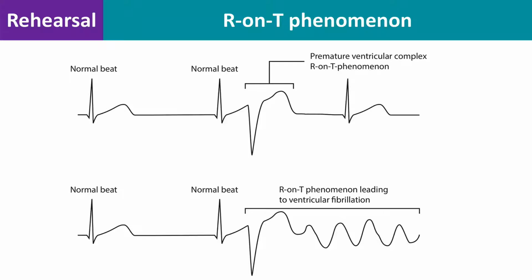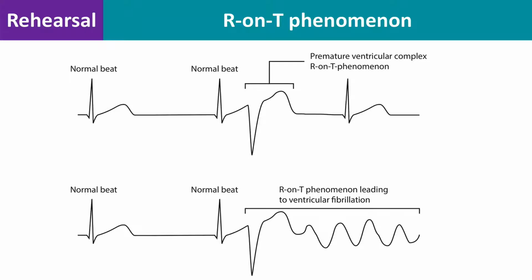And as a general rule, any patient which has an electrical instability in the ventricles, such as patients with acute myocardial infarction or acute myocardial ischemia, or perhaps long QT syndrome, or any other condition in which there is an electrical instability in the ventricles, these patients may be sensitive to R on T phenomenon.